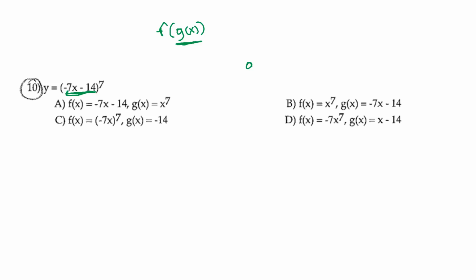So we're going to say that g of x has to be negative 7x minus 14. Our function f of x is the outside function. If you notice on the outside, we're just raising it to the 7th power. So f of x is anything we input, raise it to the 7th power. So this one is going to end up being B.